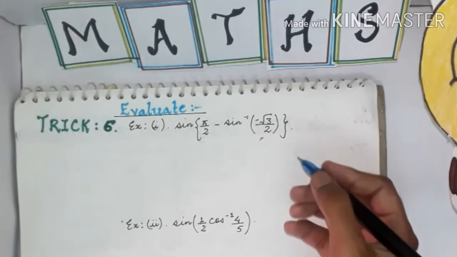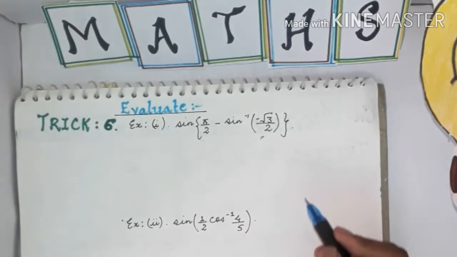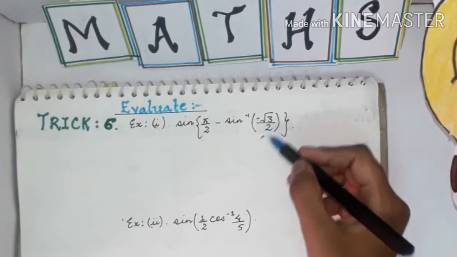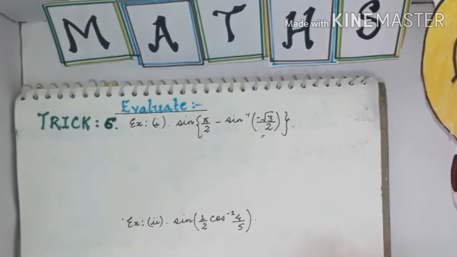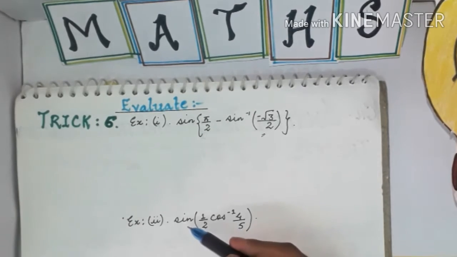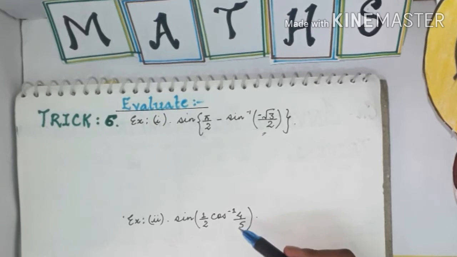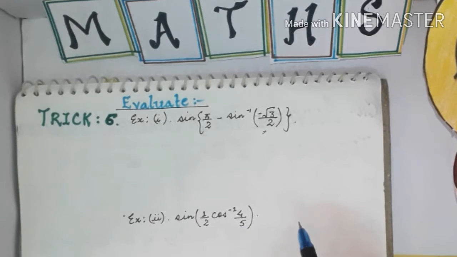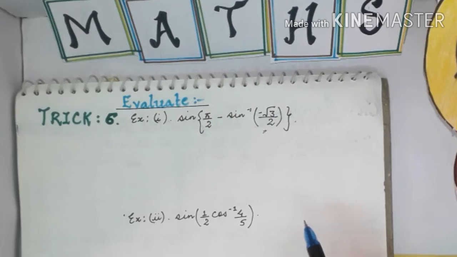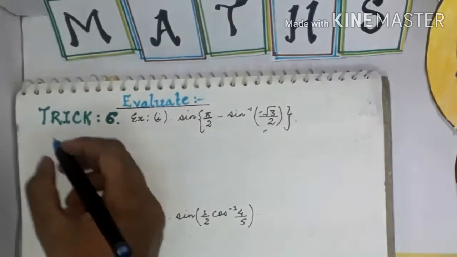In order to simplify it, you just let the inverse trigonometric function. In all such examples where you get an inverse function inside the bracket, in the angle of sine, you just let the inverse trigonometric function and your question will be simplified. Let's see how it works.